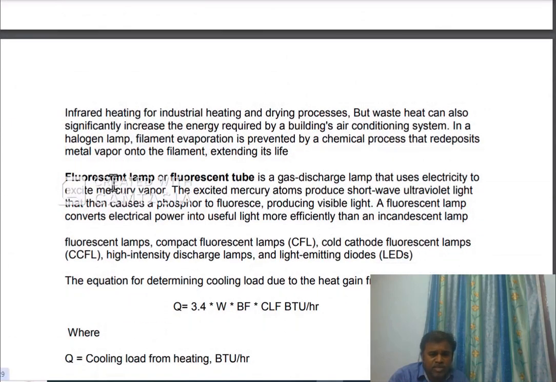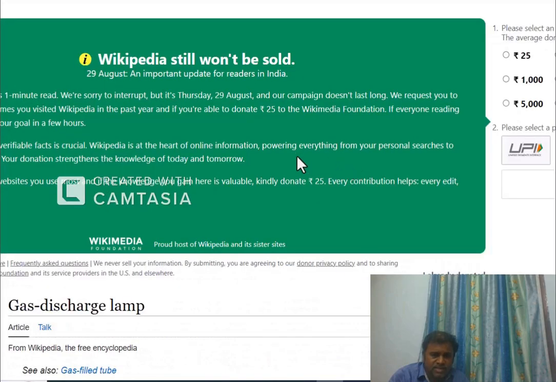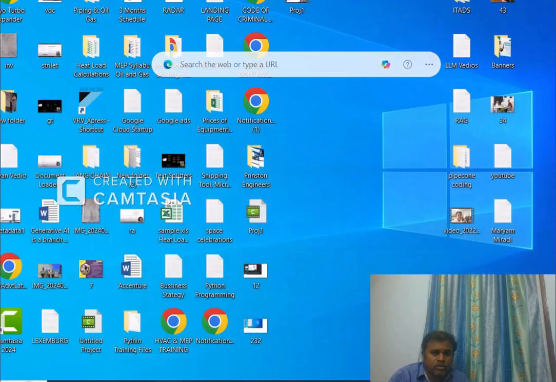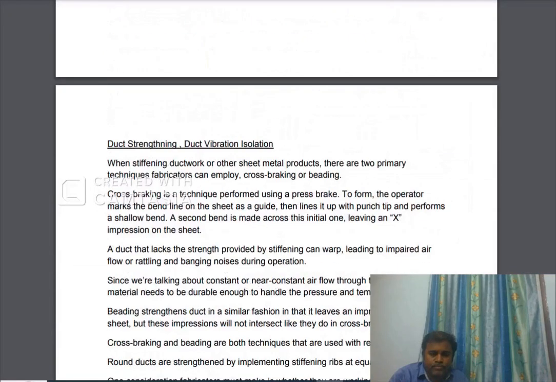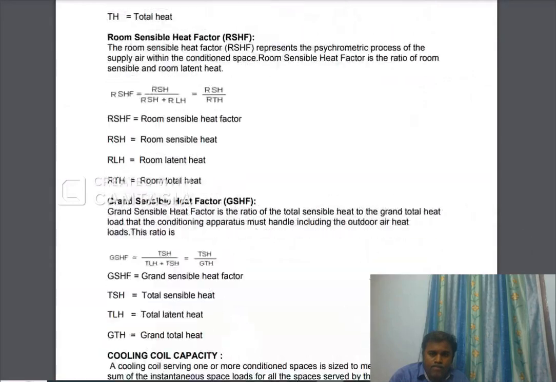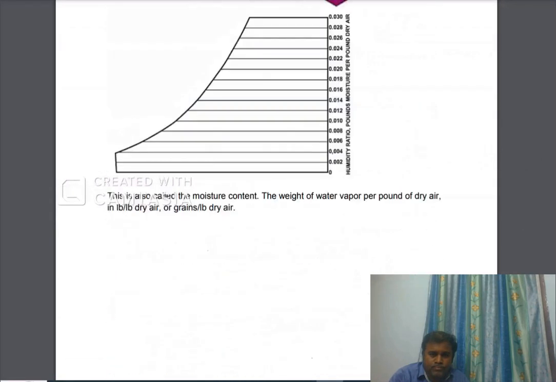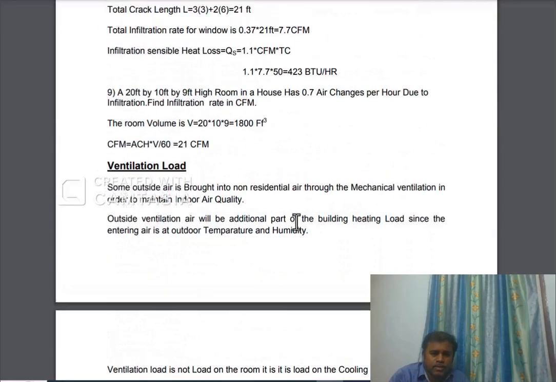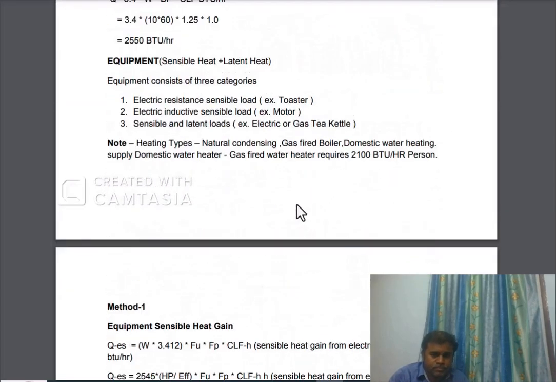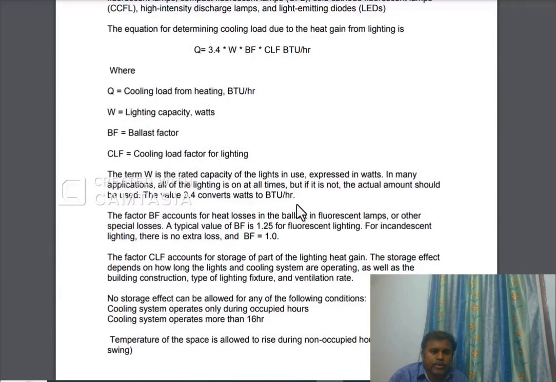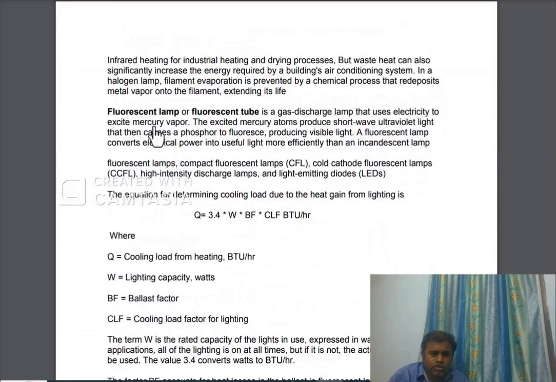There are also fluorescent lamps, with mercury coated inside the glass. You can see here the fluorescent lamps.